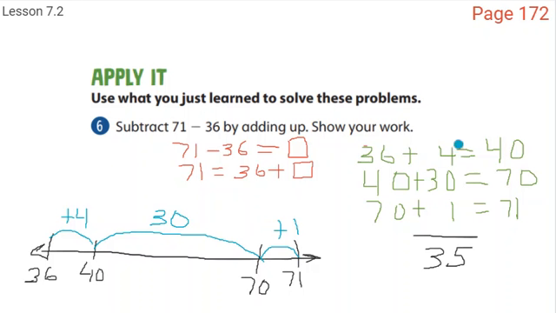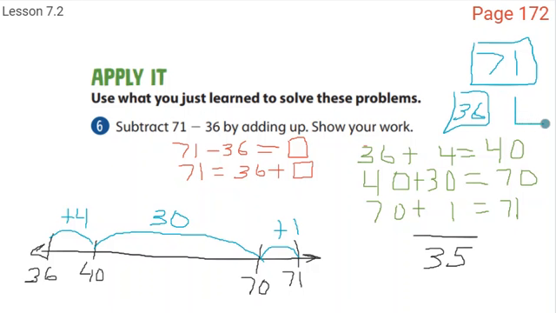Same numbers, where we have 4, 3, 1, 35. Let's look at that as a number bond. We have 71, top box. We have 36, and then next box is 35. See how that works?